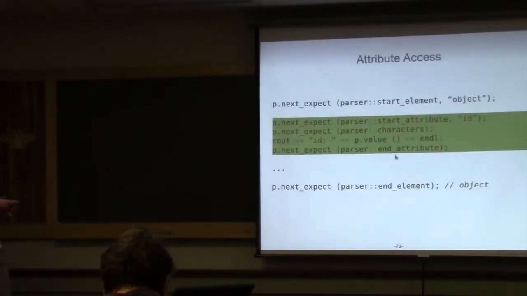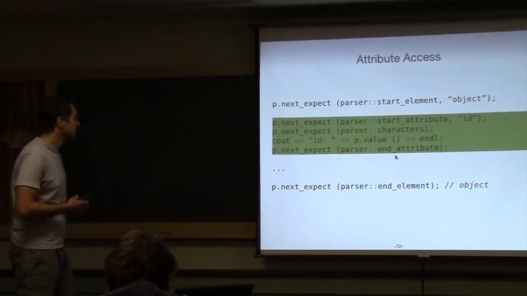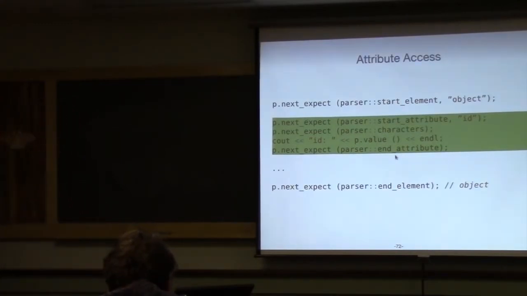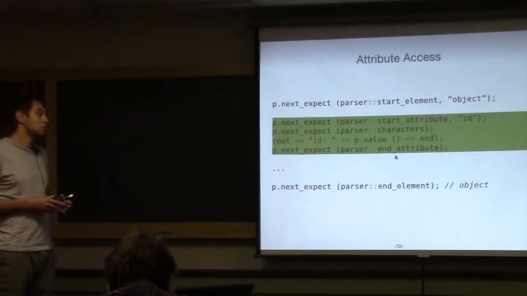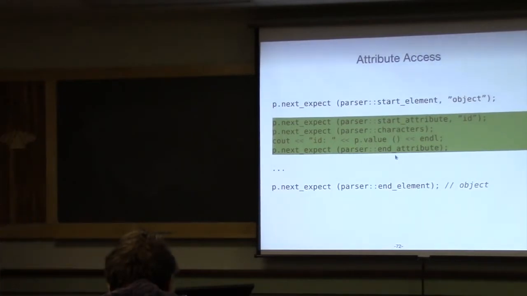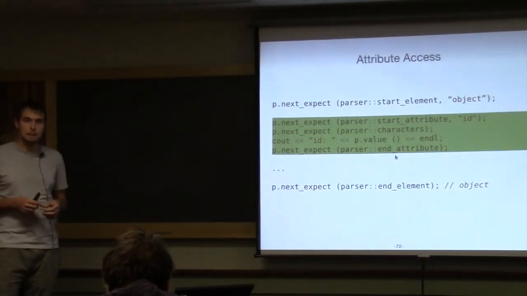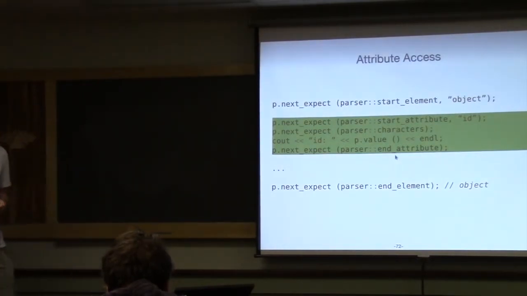Okay, let's try to get the value of the ID attribute. Well, according to what we've seen, the code will look something like this. Not too bad, except a bit thick. Now we have our object element has a single attribute ID, but okay, we have a question.